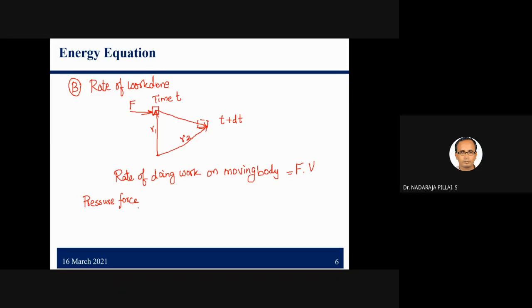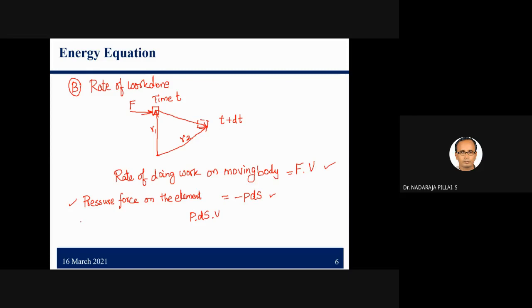The pressure force on the element dS can be written as minus p dS, and the sign doesn't matter because it is moving away or moving towards the system, right? Then if this is the pressure force, the rate of work done can be written as p dS into V.